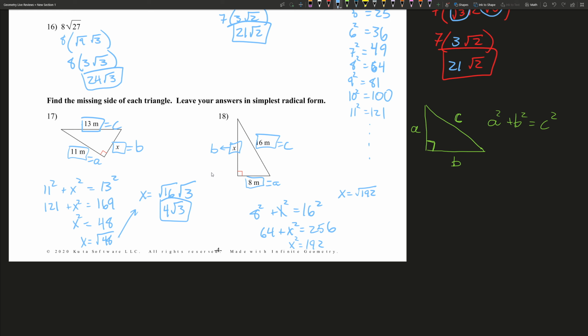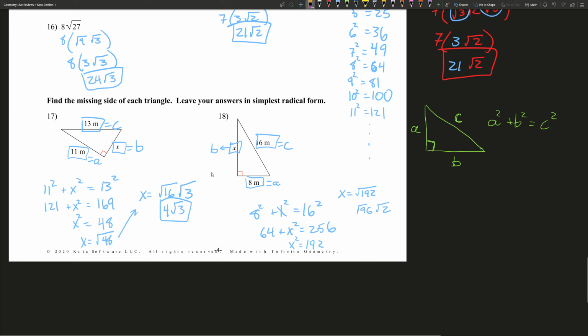So I'll split it in halves. So this is square root of 96 times the square root of 2. We can rewrite 96, well, hold on.